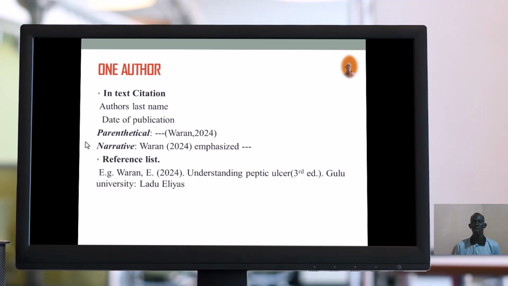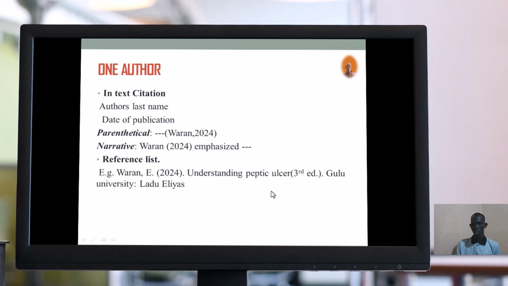We have the last name of the author, that's Warren, and then we put a comma, then the initial, which can be Elias, can be Ivansky. You put a full stop, then you open a bracket and put the year of publication, close it, put a full stop, then you write the title of the book. For example, this one here, Understand the 50 Answer, which is the third edition.